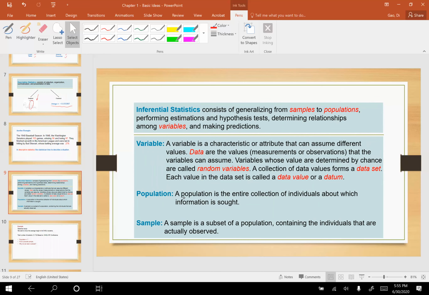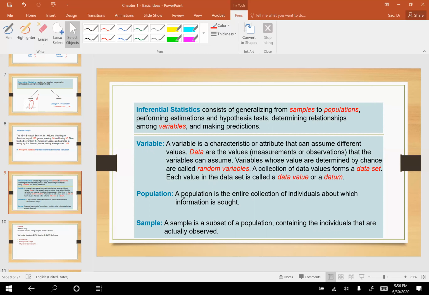Inferential statistics, the second big area of statistics, consists of generalizing from samples to populations, performing estimations and hypothesis tests, determining relationships among variables, and making predictions. Basically, we want to make some inference from the sample to the population.